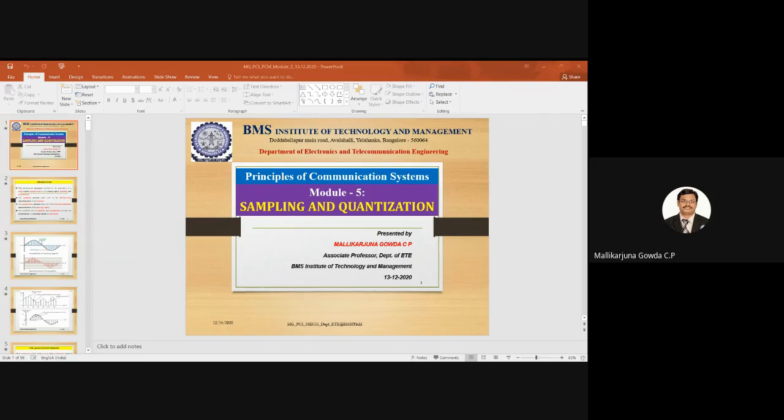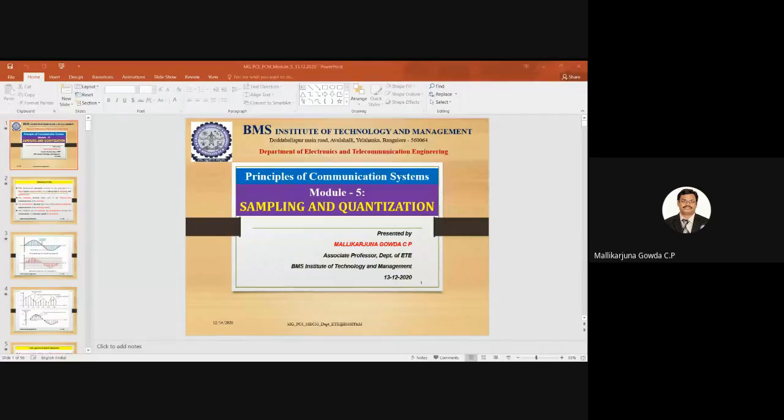This will be your second task. Hope everybody got what I said. Using the LTspice tool, make a circuit using the 555 timer to generate PWM as well as PPM waves. With that, let me start today's topic.